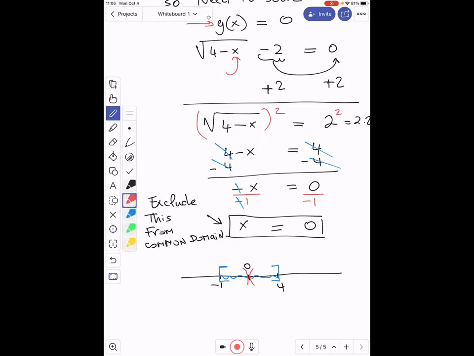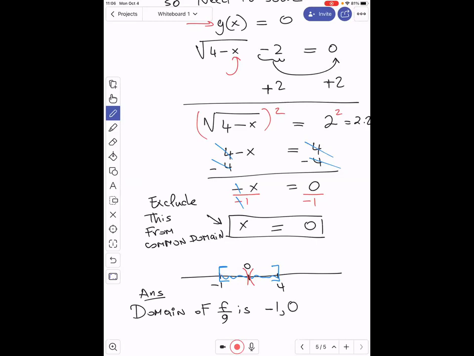So the answer here: the domain of f over g is from -1, and then we have to stop at 0 because we are excluding 0.